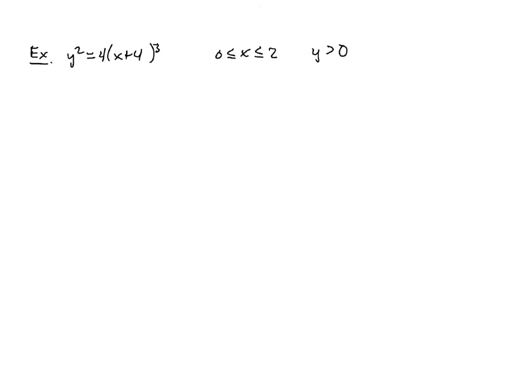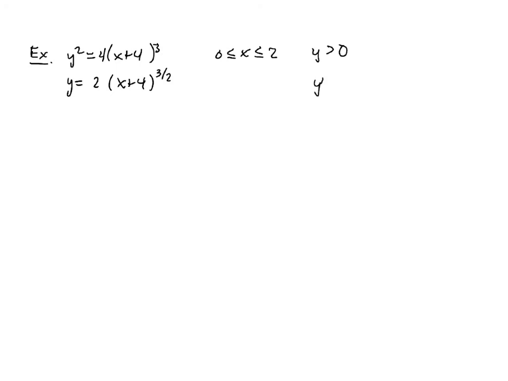Because the y values are assumed to be positive, I can take the square root of my expression, and I find that y equals 2 times (x plus 4) to the 3 halves. I need to put that into my arc length formula, so I'm going to need to compute the derivative and then square the derivative, add 1, and take the square root. So we'll do a bunch of that work on the side here.